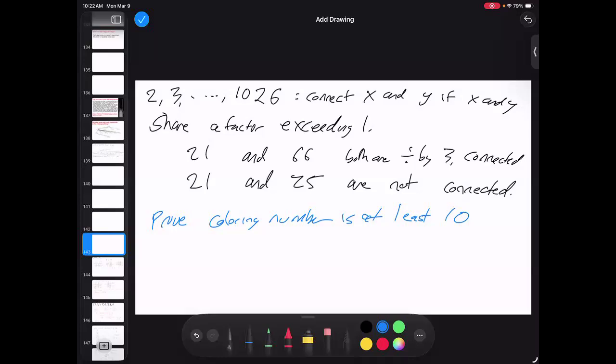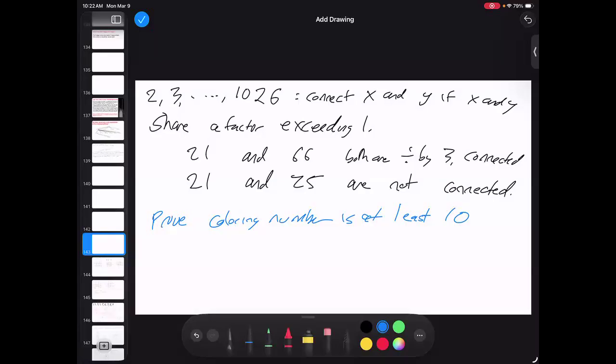Can you find 10 numbers that all share a factor? I'm going from 2 to 1026. Does 1026 remind you of any numbers? It's close to 1024.